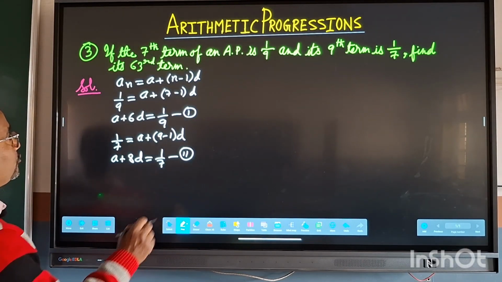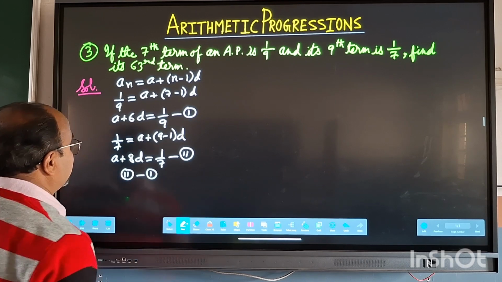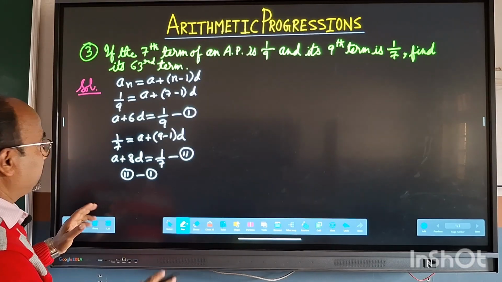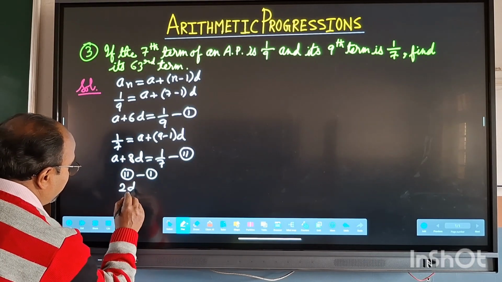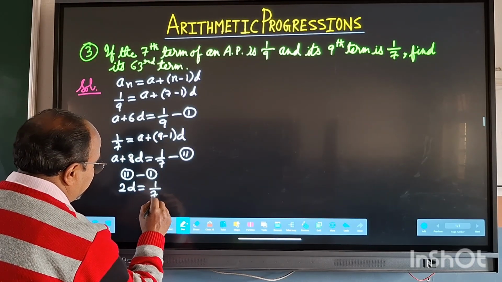So what I am going to do here is subtract equation 2 minus equation 1. So a minus a will get cancelled. 8d minus 6d will give me 2d. And this side it will be 1 by 7 minus 1 by 9.